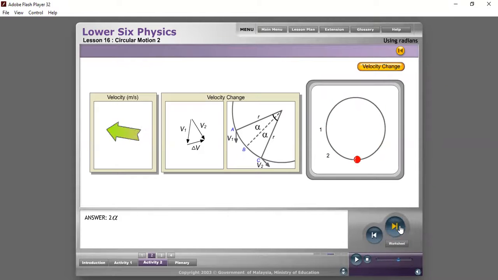Answer: 2 alpha. One circular move, that means from A to C, so there's a velocity change between V1 and V2, and the angle is 2 alpha.